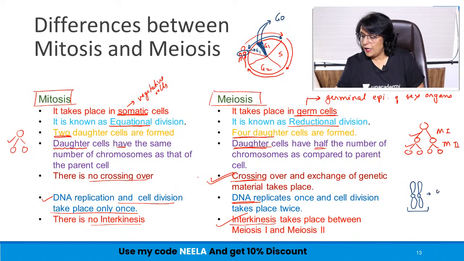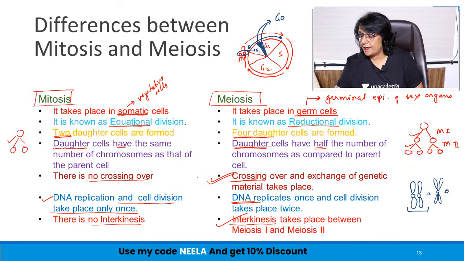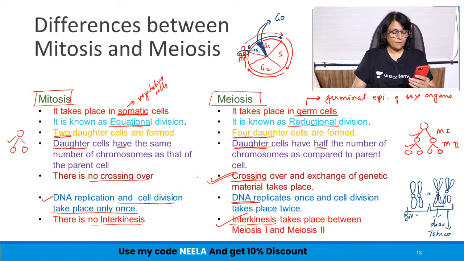Now when each chromosome divides and you start seeing the sister chromatid, one chromosome after splitting, when it shows sister chromatid, that is called a dyad. So this is a dyad. This is another dyad. And this complete will be called the tetrad. So this is a bivalent. So in bivalent we have two chromosomes.